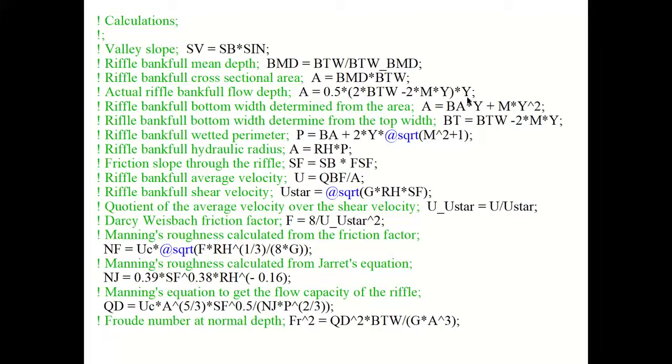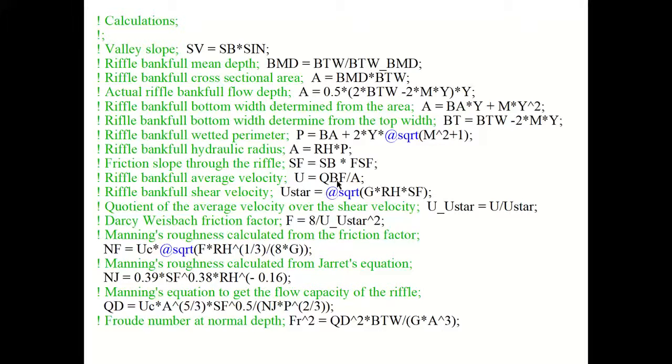You can see the area of the trapezoid. Then I calculate the bankful bottom width using two different equations, the wetted perimeter, hydraulic radius, friction slope through the riffle. This is when it takes the overall average slope and increases it by 30%.